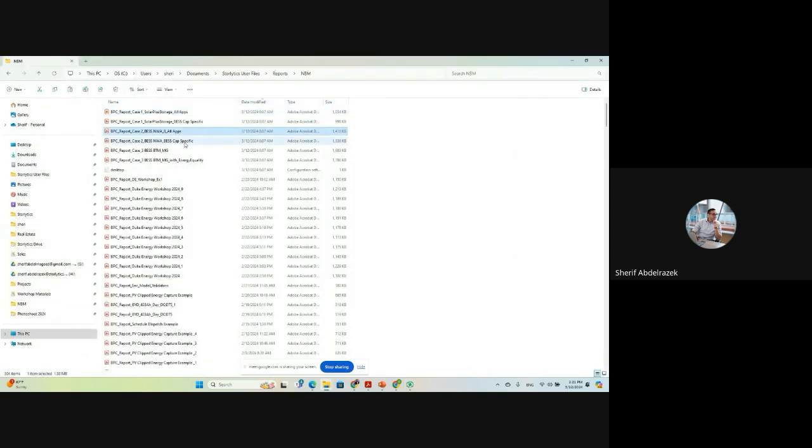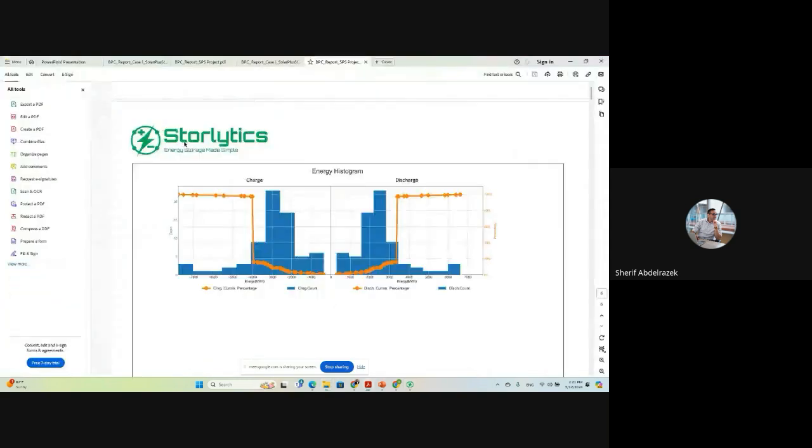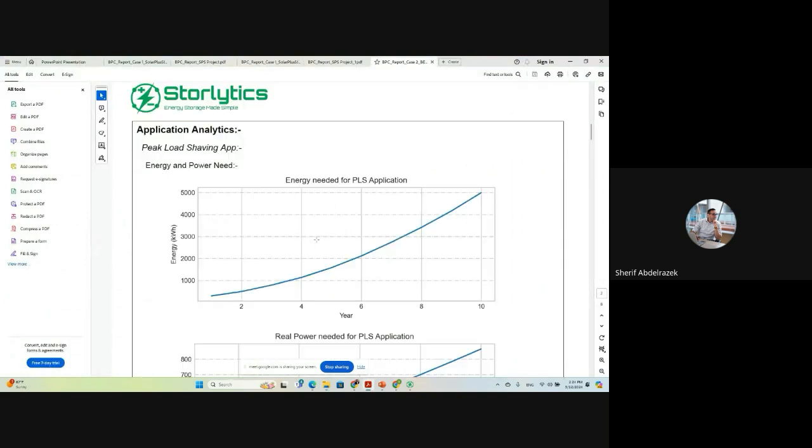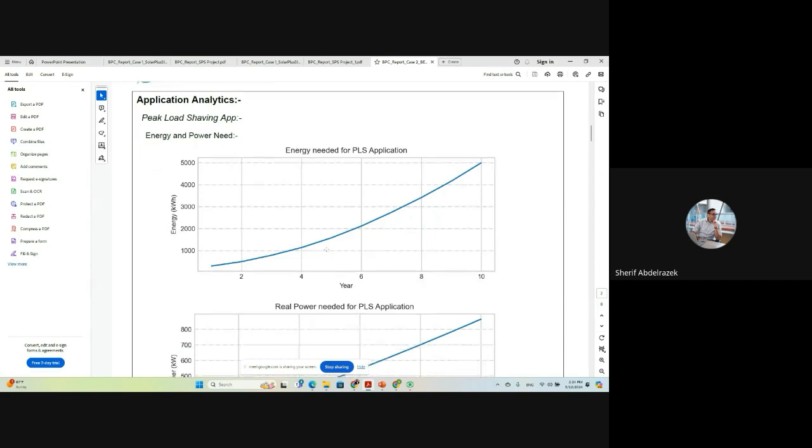BESS, not NWA. Cap specific. All right, so starting off with the peak load shaving application, the first chart you'll see here in the report is the energy and power needed. Now, this is the first application we're looking at over 10 years, because the amount of load that you would have at year 0 is different from what you would have at year 10.